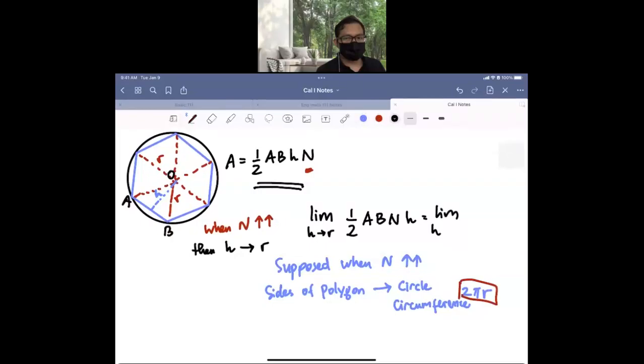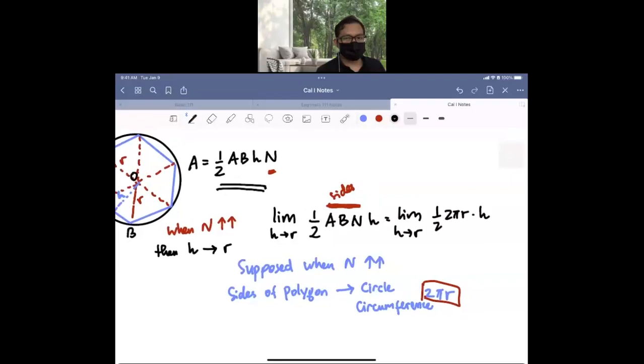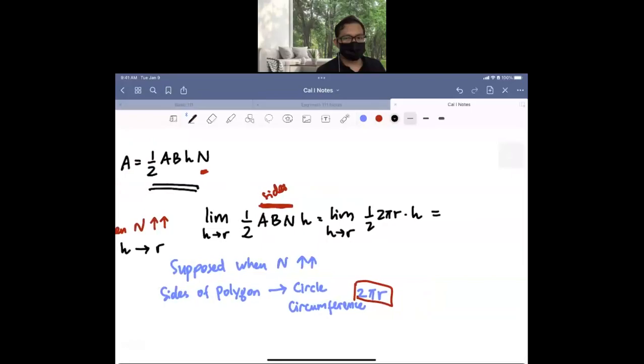So the limit as h gets closer to r. So this is the sides of the polygon, and then how many is it, right? So this will be equal to the circle circumference. So we can write this as half, 2 pi r, and then h. And as h is getting closer to r, we are going to get our circle.